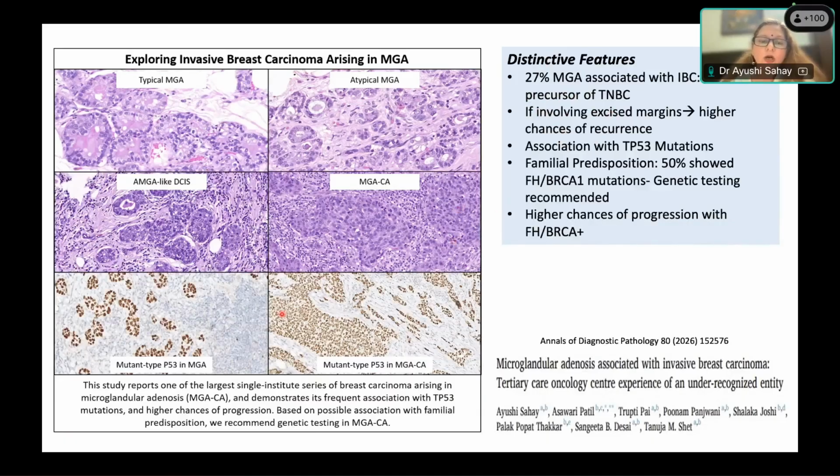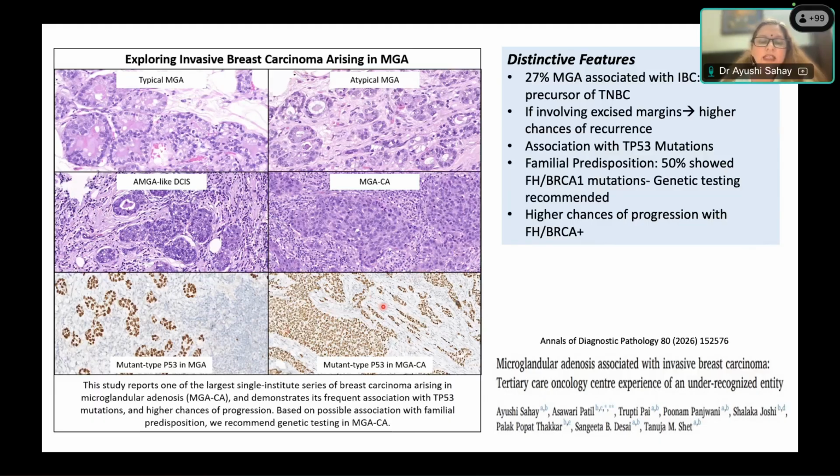You can also do P53 IHC. We've done it in our cases, and we have seen that you can see a mutant type of P53 IHC in the microglandular adenosis as well as in the invasive carcinoma. That is also a harbinger of high grade malignancy somewhere in the breast.